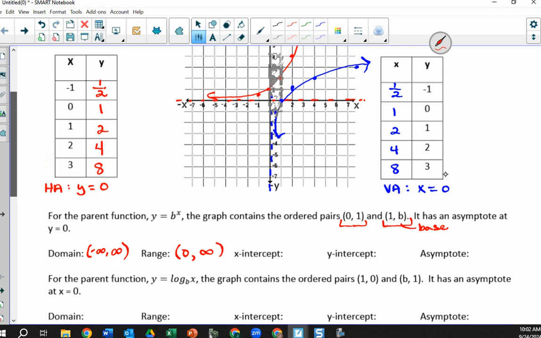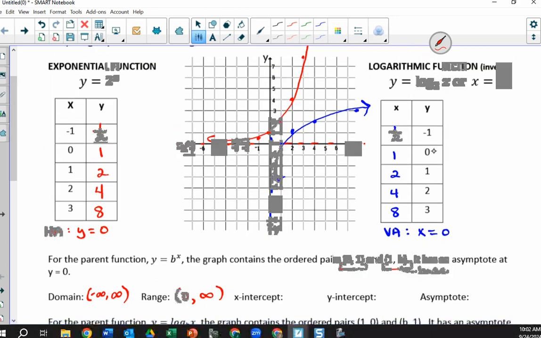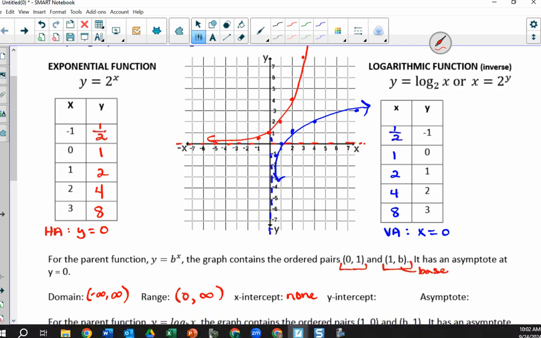All right, your x-intercept. Look at the red graph. Does it cross the x-axis? No, so none. There's not an x-intercept. What about your y-intercept, guys? Okay, and how do we write that? Okay, good save.